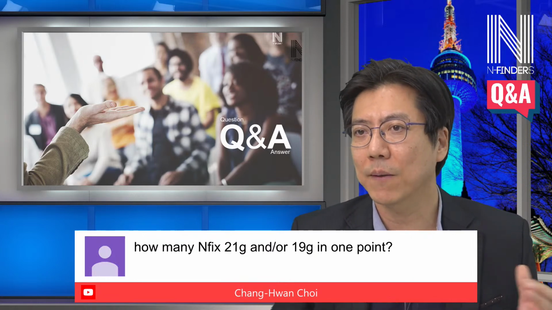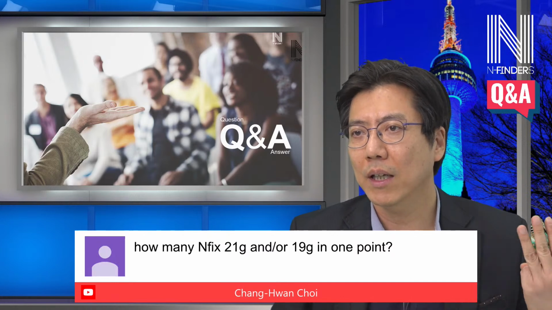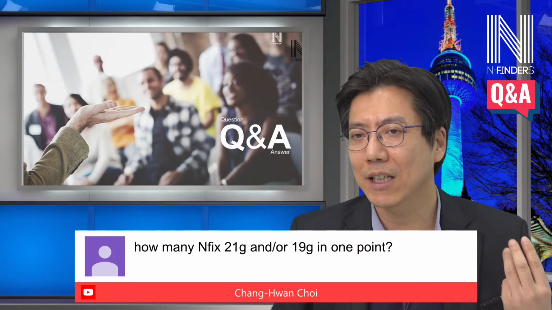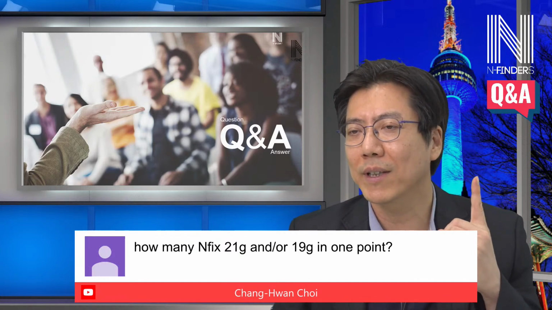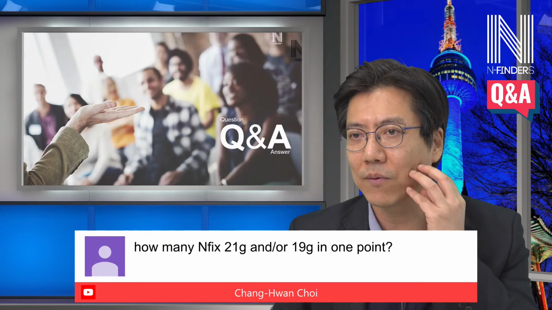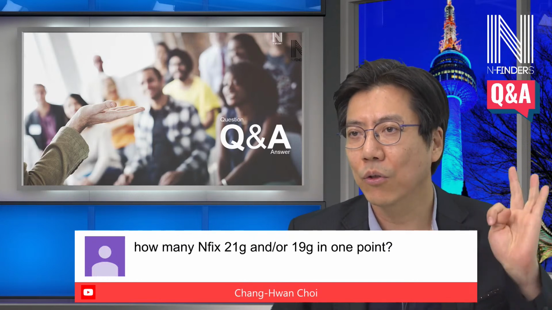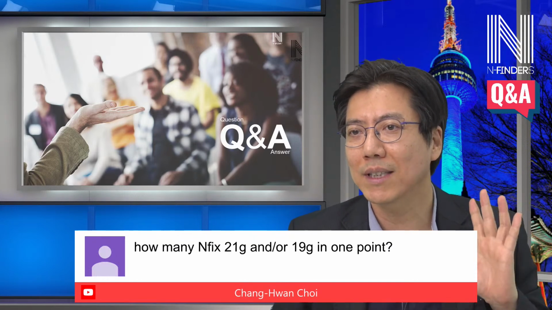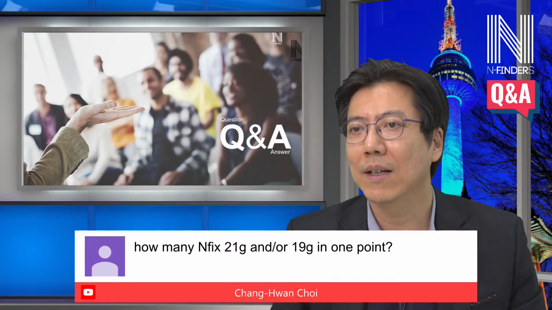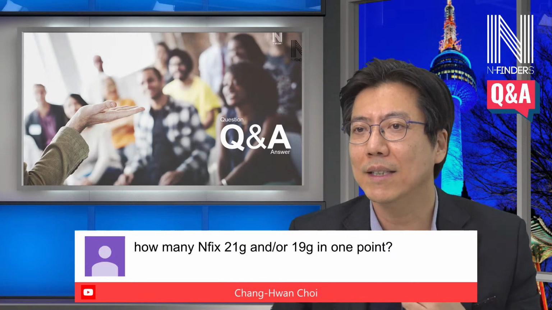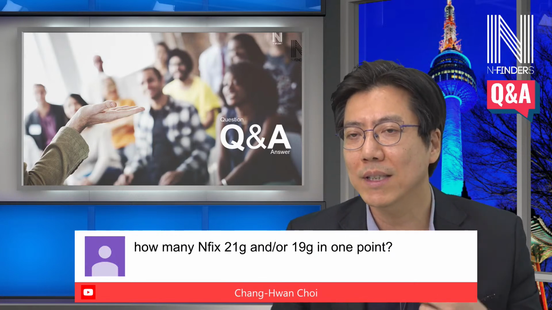For this patient, I put three 19G threads and one 21G End-fix for jowl lifting, and for the nasal fat lifting, I put one 19G and one 21G End-fix thread.